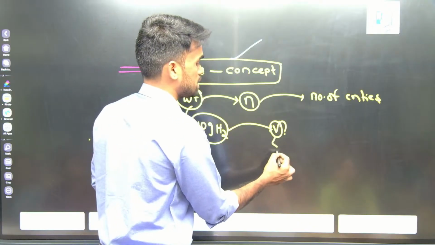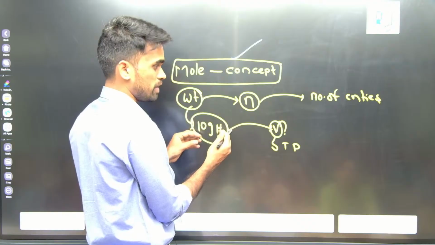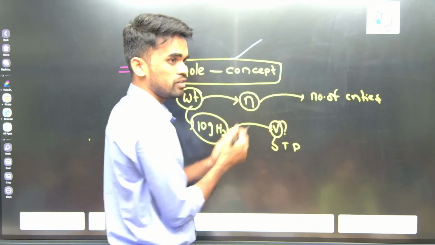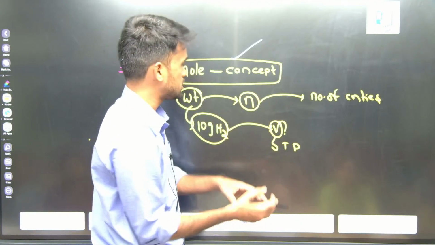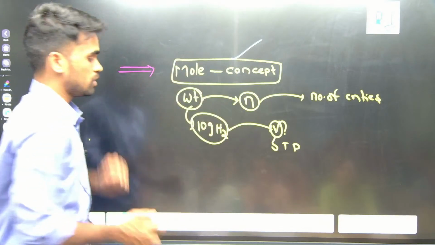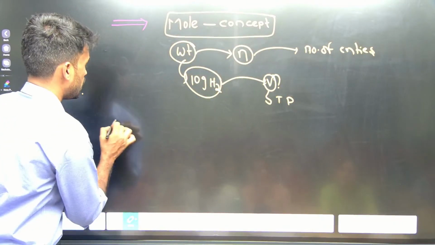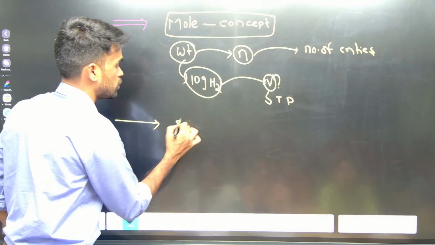That is what we are saying, at STP condition. 10 grams of hydrogen will occupy some specific amount of volume. So all this comes under the discussion of mole concept. Up to here it is clear? Okay. Then next, after understanding this mole concept, we are going to study stoichiometry calculation.